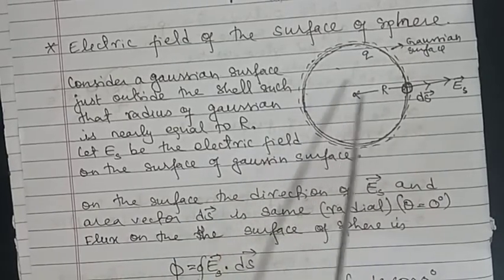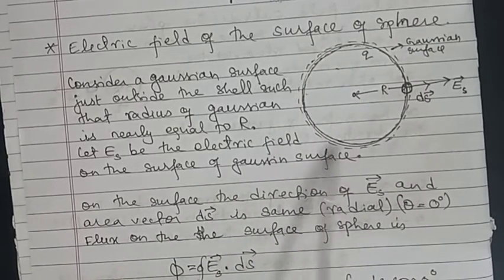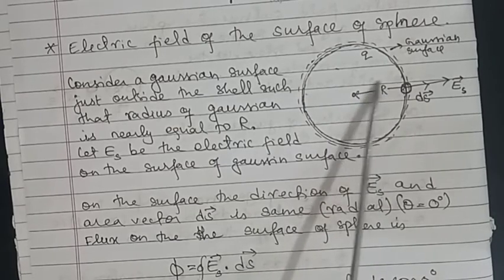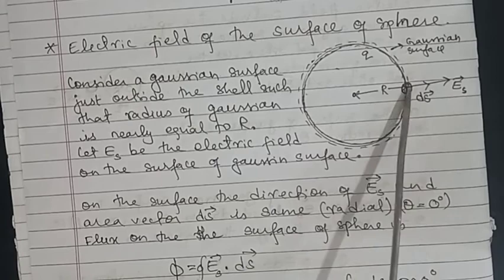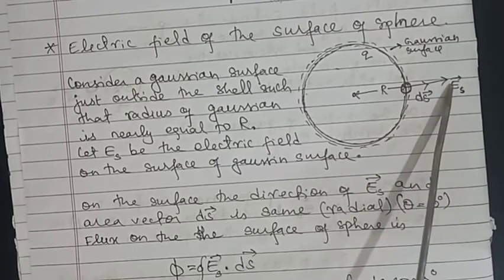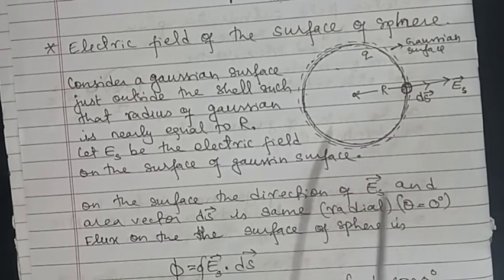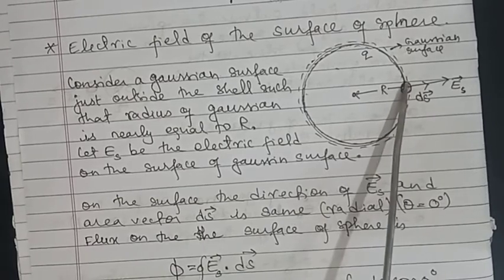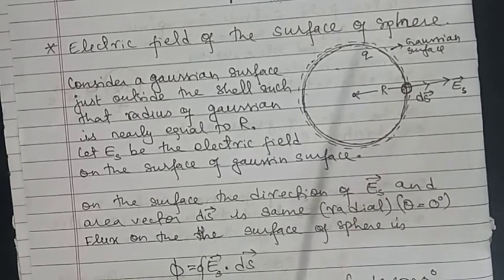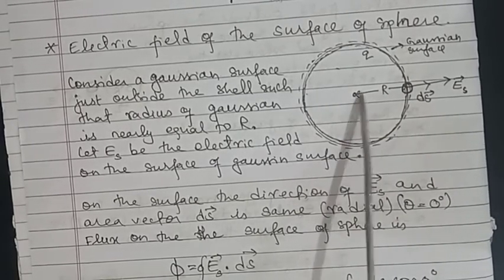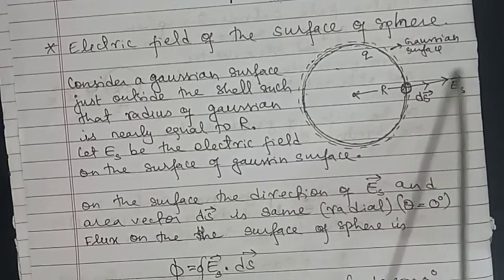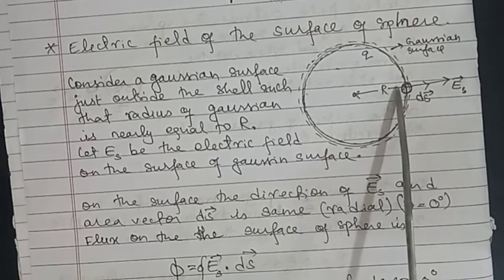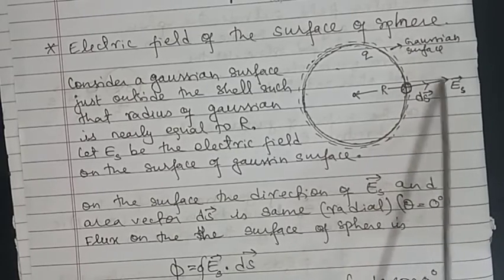So the radius of the sphere and the Gaussian surface is the same, that is capital R. Suppose E_S is the electric field on the surface of the sphere. Again, if you take a small area on the Gaussian surface, then the electric field due to the positive charge will be away like this, and the direction of the area vector will also be in the same direction.